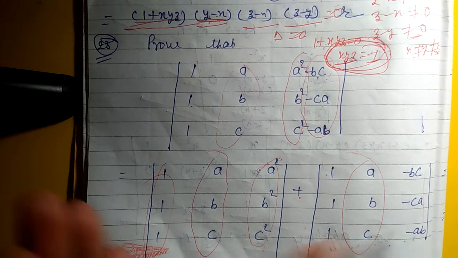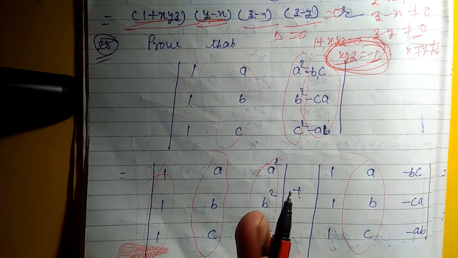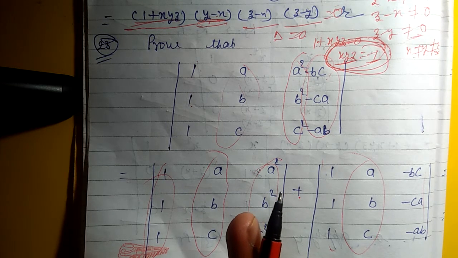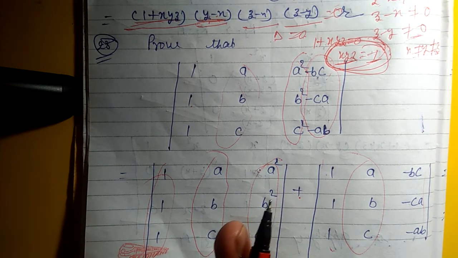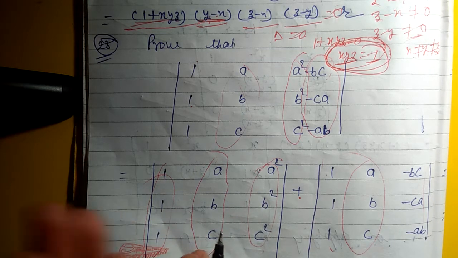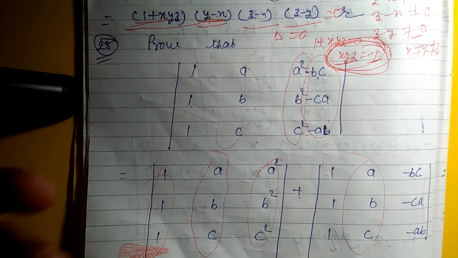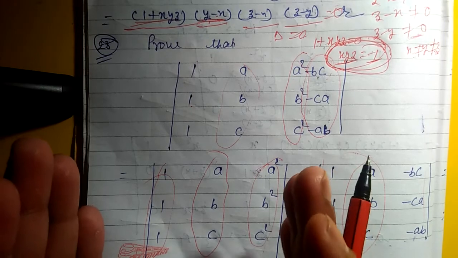This property is known very well. I have noted it down to you earlier when I went through the properties of determinants, so there is no need to expand it. This is the sum property.